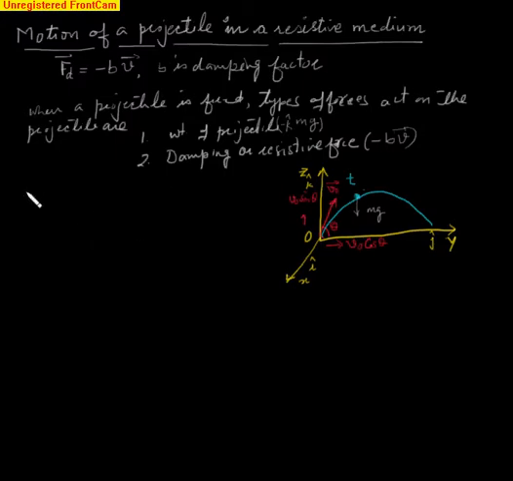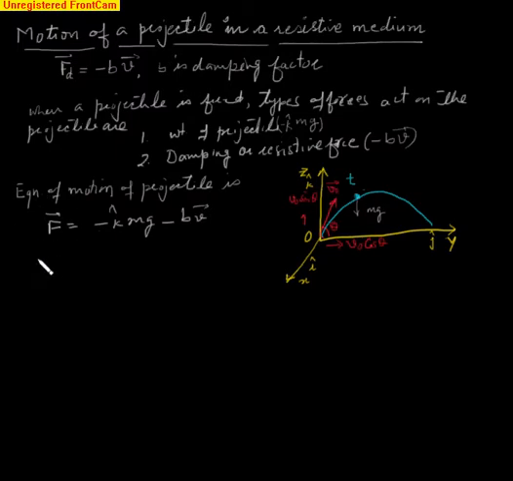So let us write down the equation of motion of the projectile. The net force is equal to minus k mg, that is the weight, and minus bv, that is the resistive force.